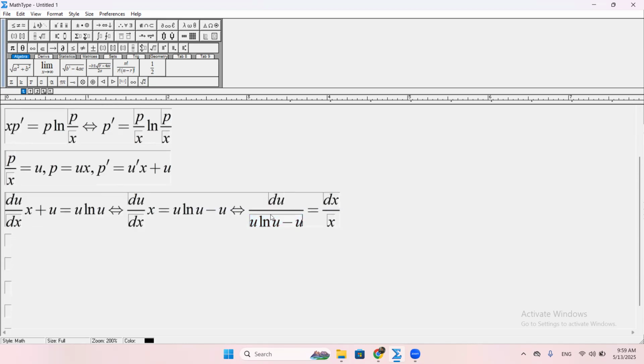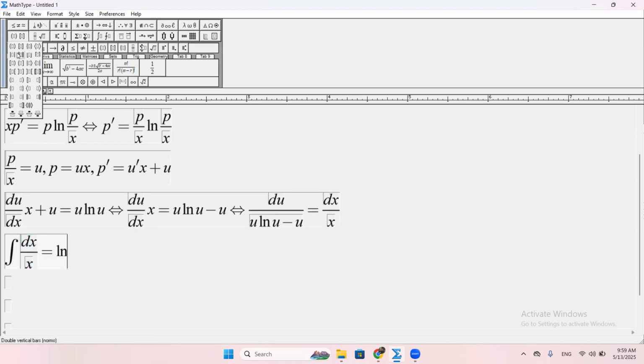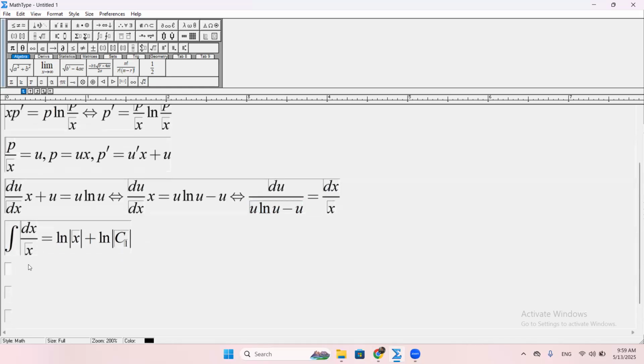Okay. So let's first of all calculate this integral: the logarithm of x plus logarithm of c1. So done with it.